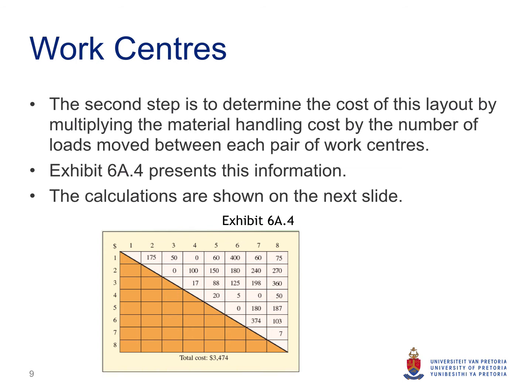Now we need to calculate the cost for the basic layout by multiplying the number of trips or loads with the inter-work center distances. The result is shown in Exhibit 6A4, which is a modified version of Exhibit 6A1. The calculations are shown on the next slide.